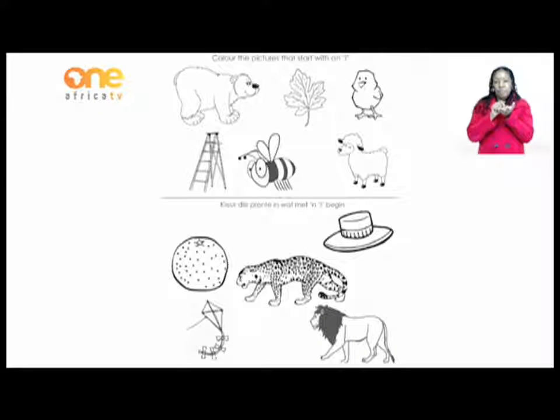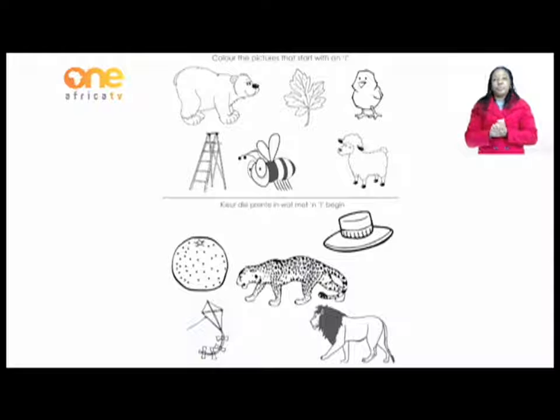The next picture in the second row is a ladder. The next picture is a bee. And the last picture is a lamb. Remember, you need to look for the pictures that start with letter L, L as in lion, lamp, lid.